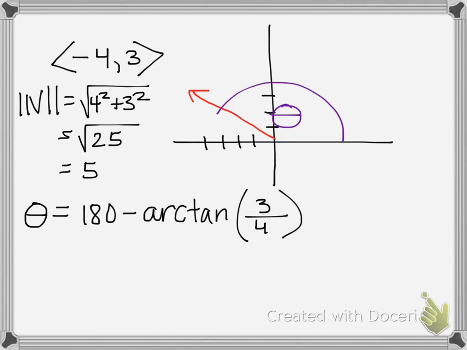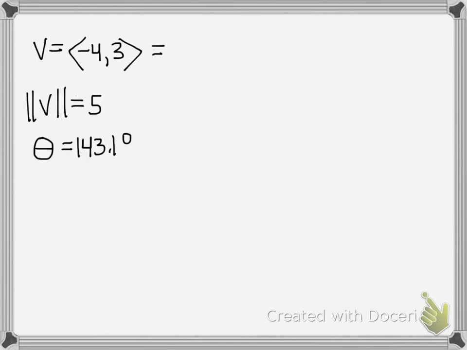You see that? And we can do that calculator key in for arctangent 3 over 4, 180 minus. I'm going to go ahead and do that. And I get theta is equal to 143.1 degrees. Now I want to show you something with this vector now that I've got the direction angle and I've got the magnitude.